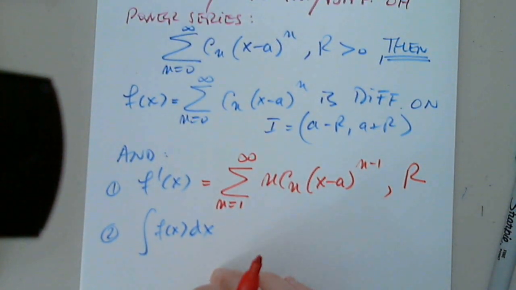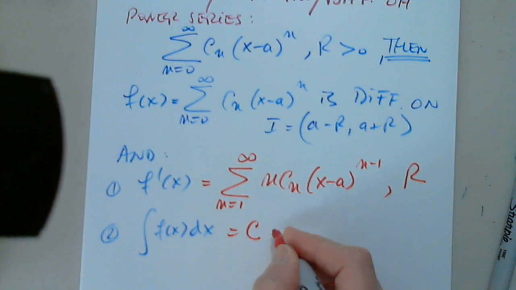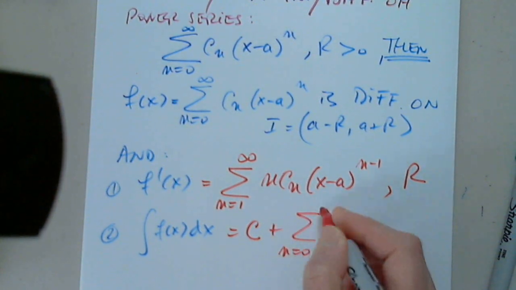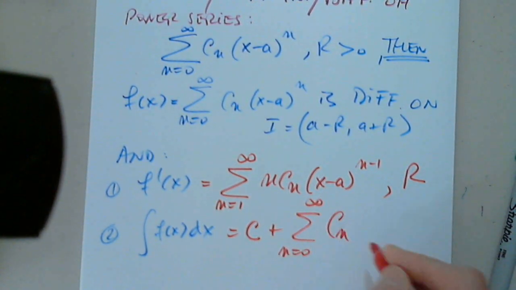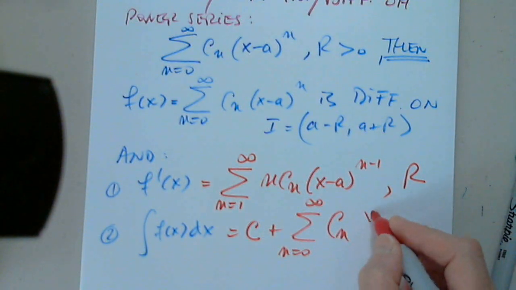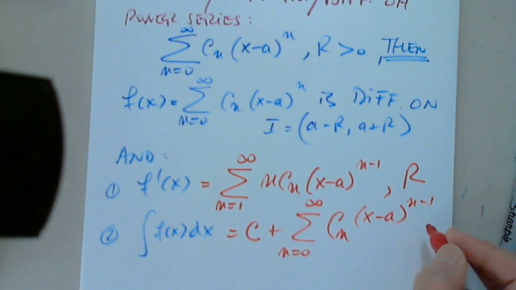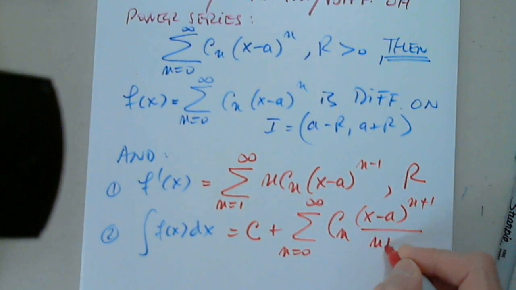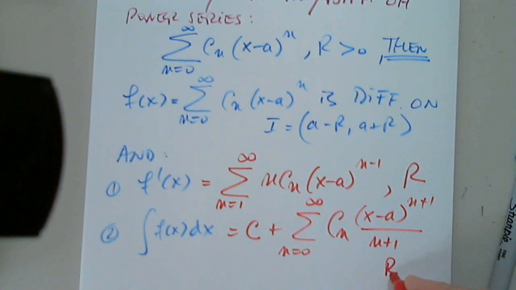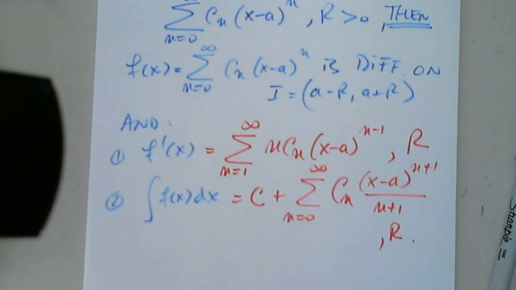Or if we integrate, then we will have a constant plus the sum from n equals 0 to infinity of the same coefficients, but of course x minus a to n plus 1, over n plus 1, and the radius of convergence is the same.